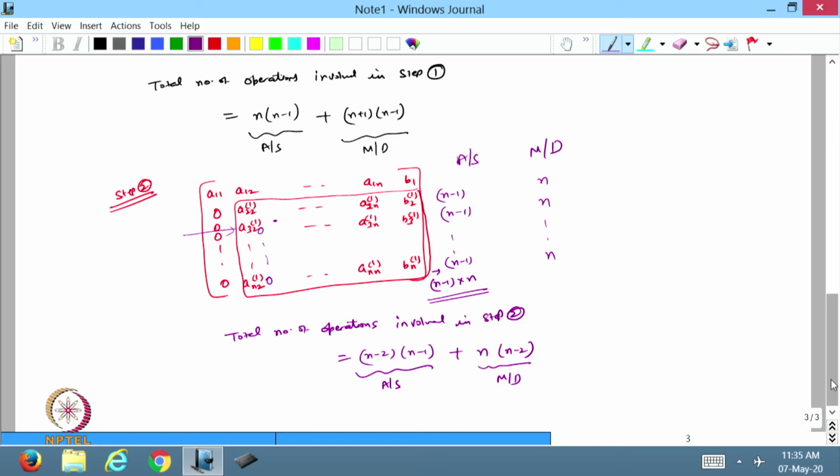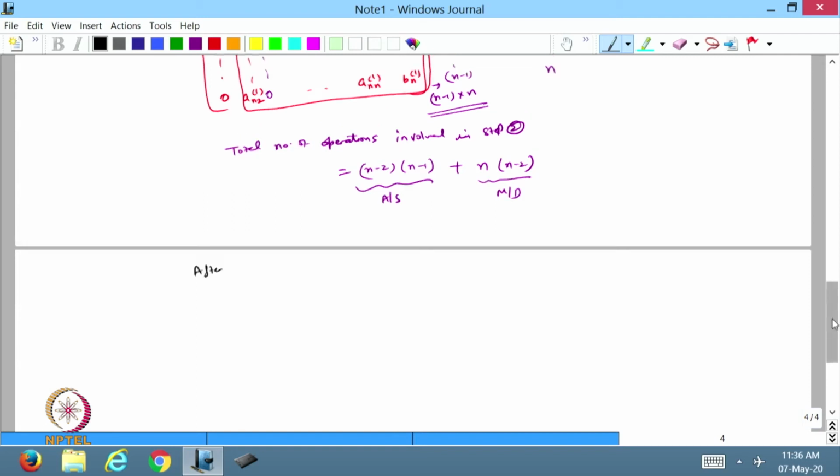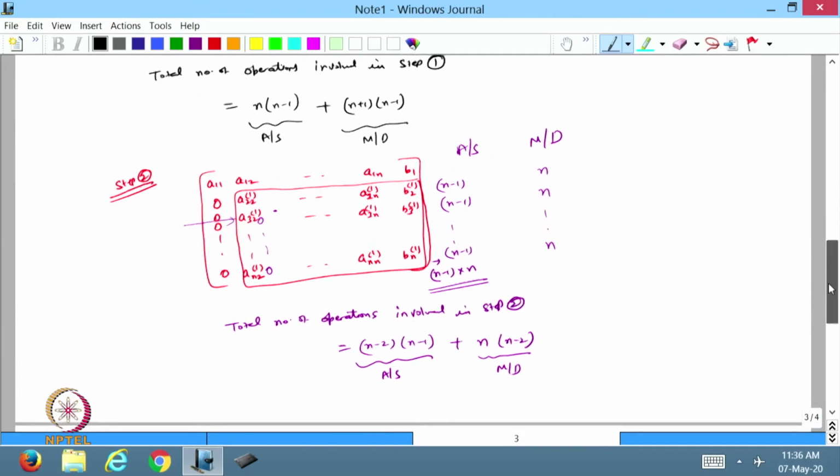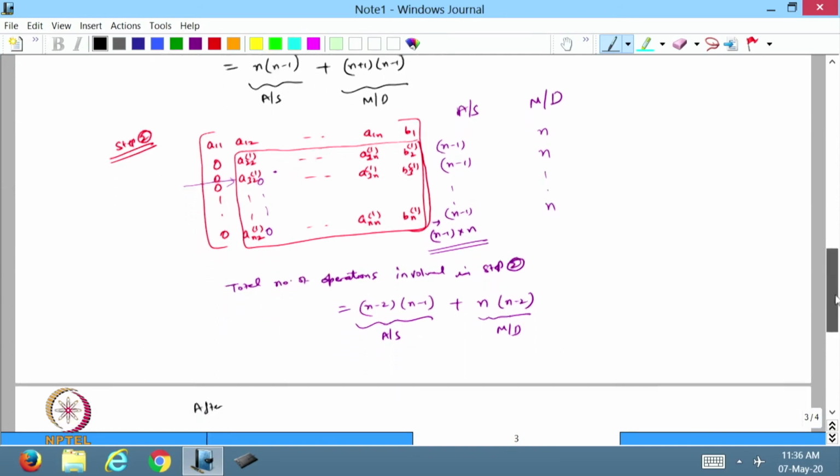So, if you see from here, it is starting from step number 1.